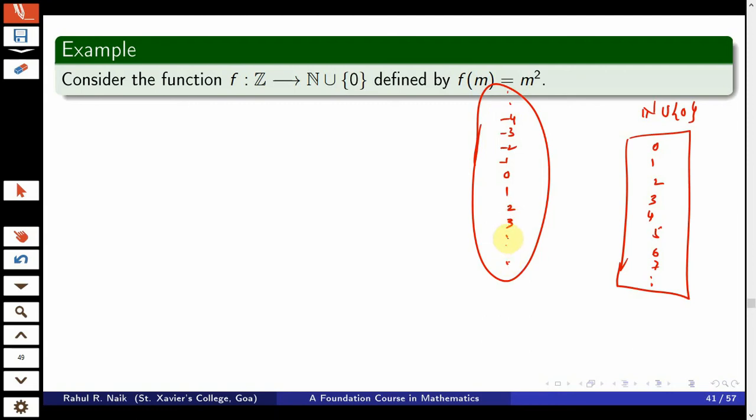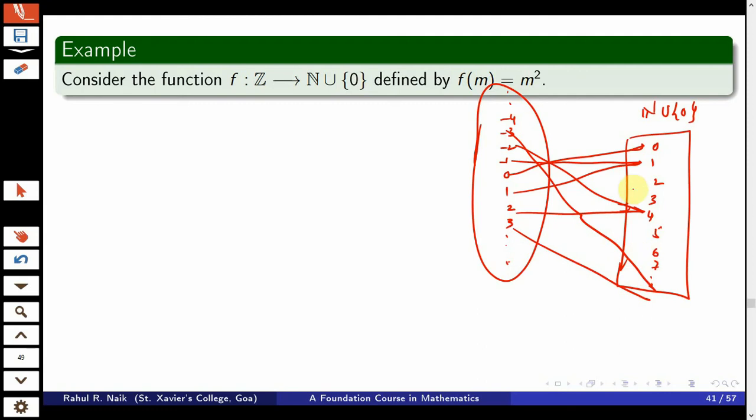If you see the mapping of each of these points, 0 will map to 0, minus 1 will map to 1, 1 will map to 1, minus 2 will map to 4, 2 will map to 4, minus 3 and 3 will map to 9 somewhere here, and this goes on. So you can see that there are gaps in this.